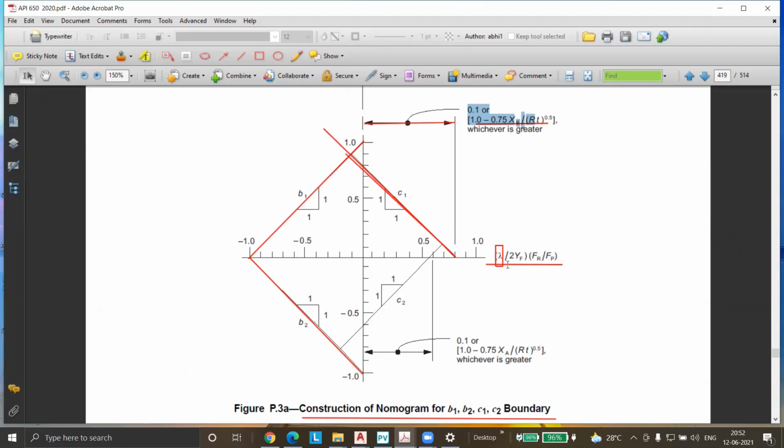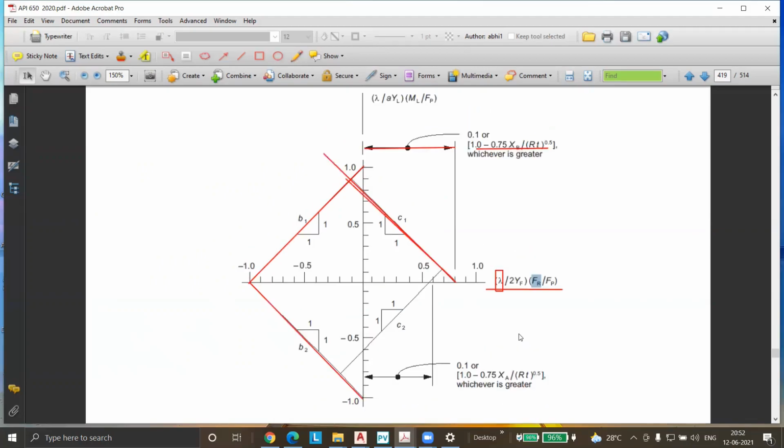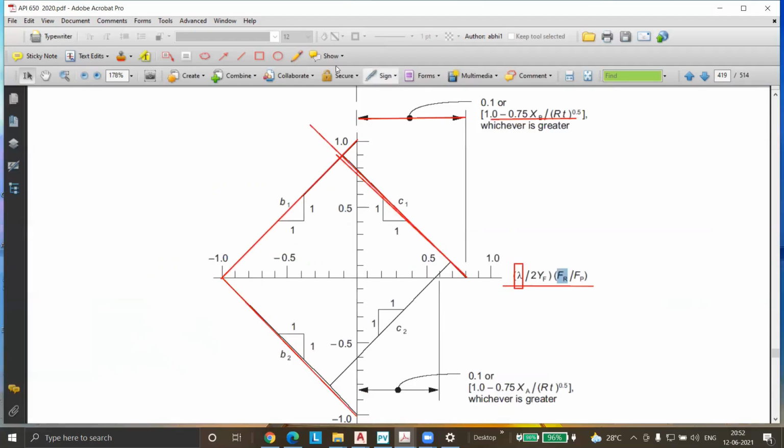All other factors are already known, so I can calculate FR, right? YF and YP are already found, and if I equate this, this value is already known. It is 0.1 or whatever, let us say it's 0.6. So this value will be 0.6.